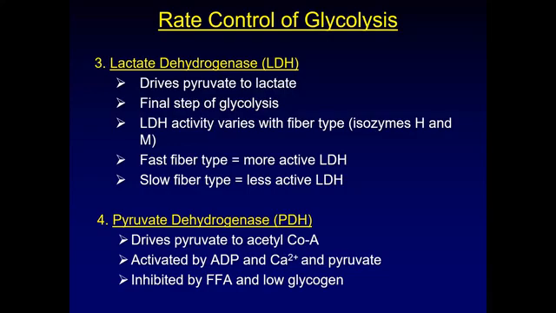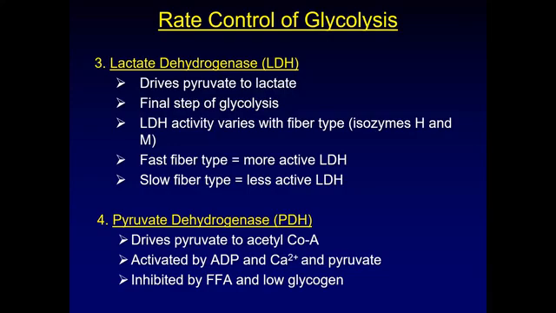So what's going to happen after we have more glucose coming, we've sped this up, we're making more pyruvate, then we have to decide, are we able to drive that pyruvate over here so we can make a bunch of ATP, or are we going to have to drive it to lactic acid, make a little bit of ATP, but make some lactic acid?